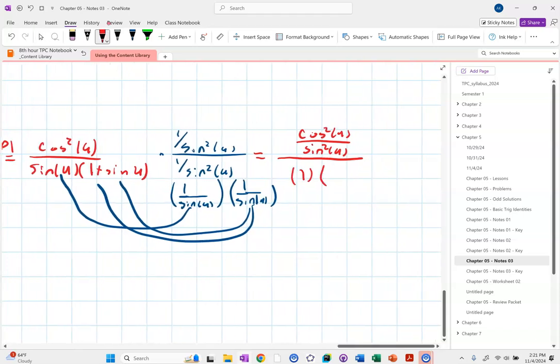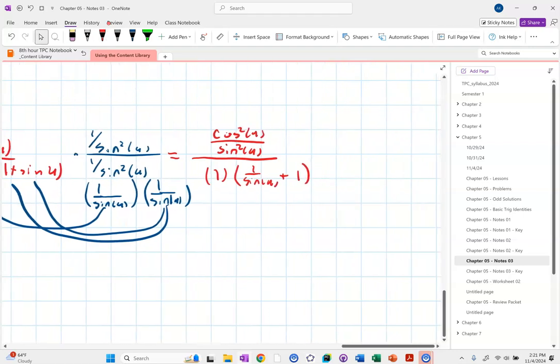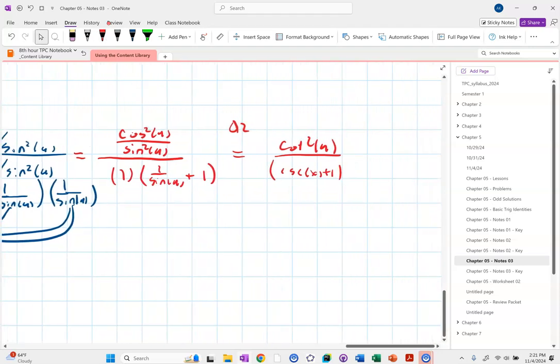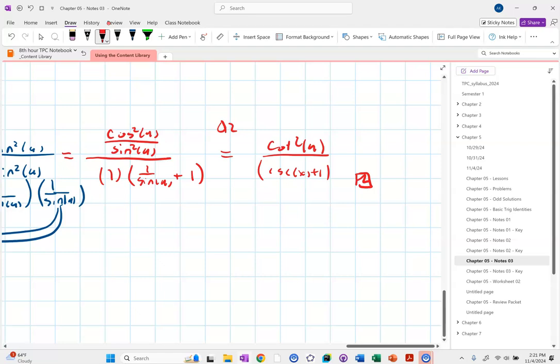So there's the 1, and then I have a 1 over sine u, and then plus a 1. Now, cosine squared over sine squared we know is cotangent squared. Check. That's what we need on top. 1 over sine is cosecant. And that's what I need on the bottom. So that's going to be my finish line there.